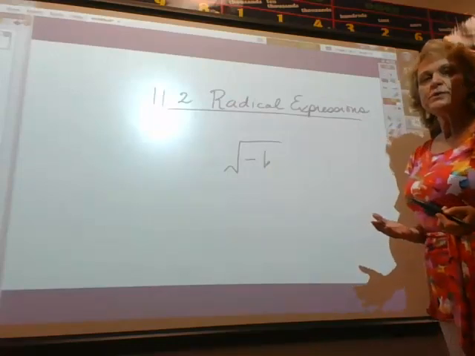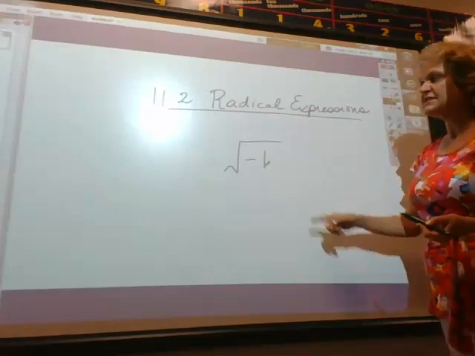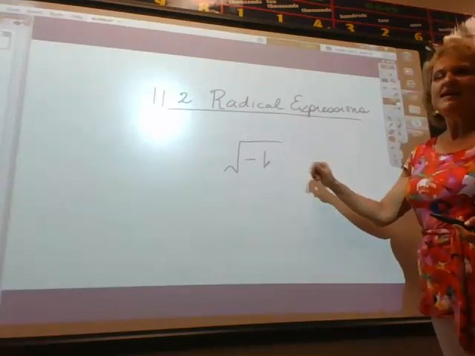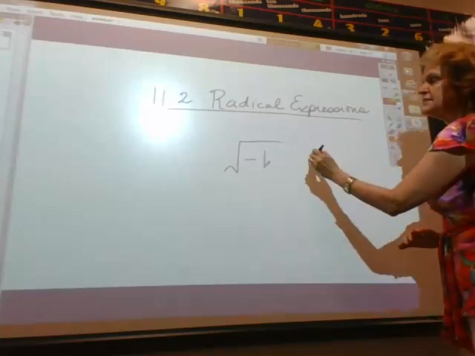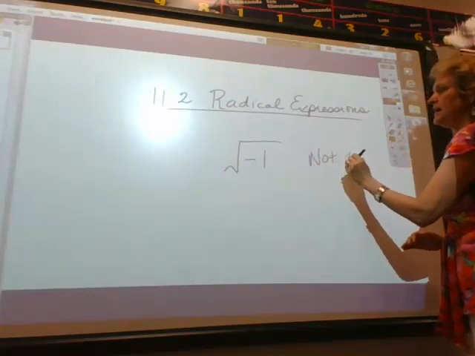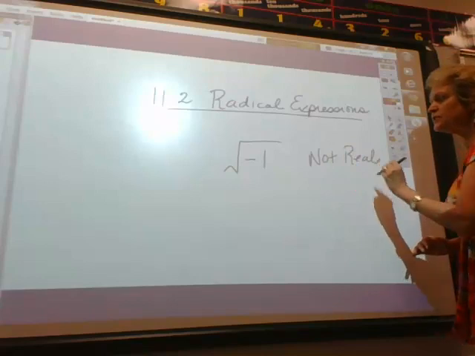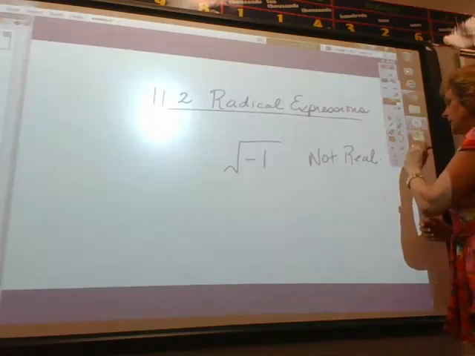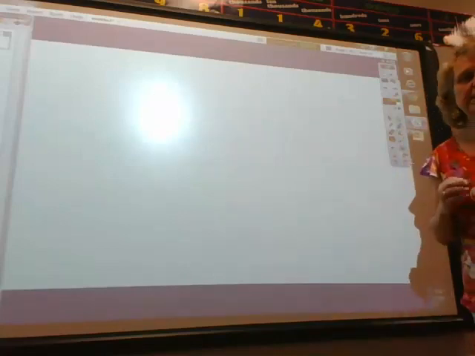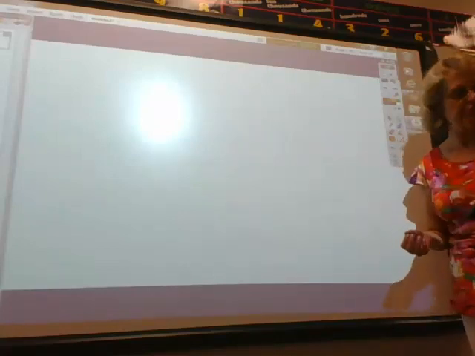When you get to Algebra 2, you're going to learn about imaginaries, and this is actually i. But in our system, for right now, you're going to say no, that's not real. So we don't have a solution for this answer. Because of that, we want to find out what we cannot have underneath the radical.